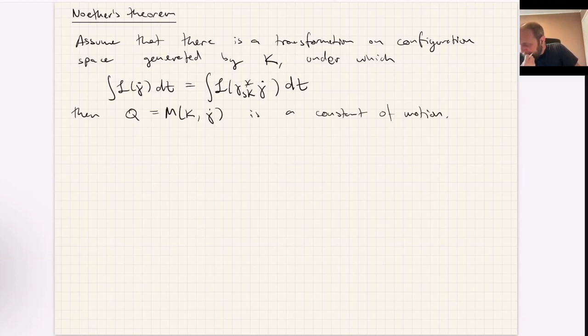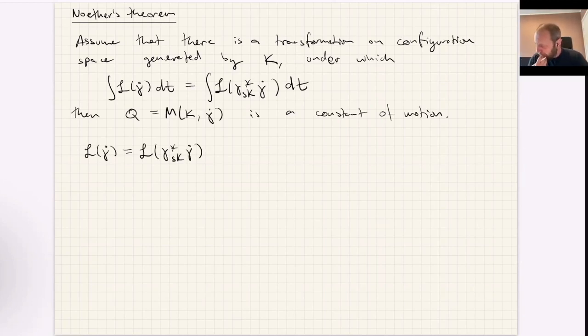Okay, so what does this mean? Well, in particular, let's look at the case when this is true, so we have actually a true symmetry. The Lagrangian before and after the transformation is the same.